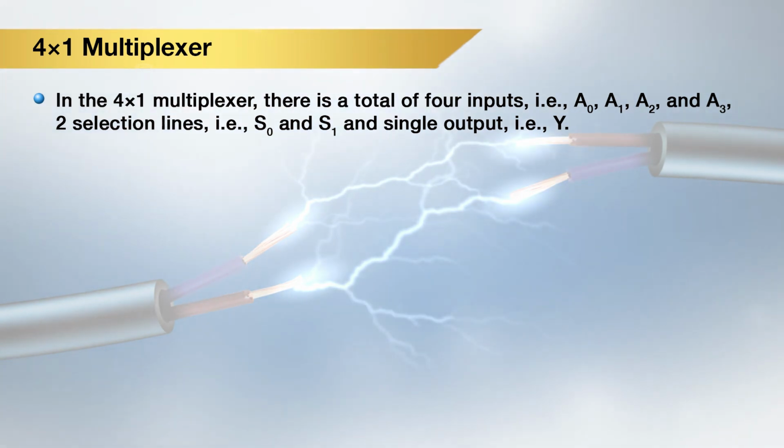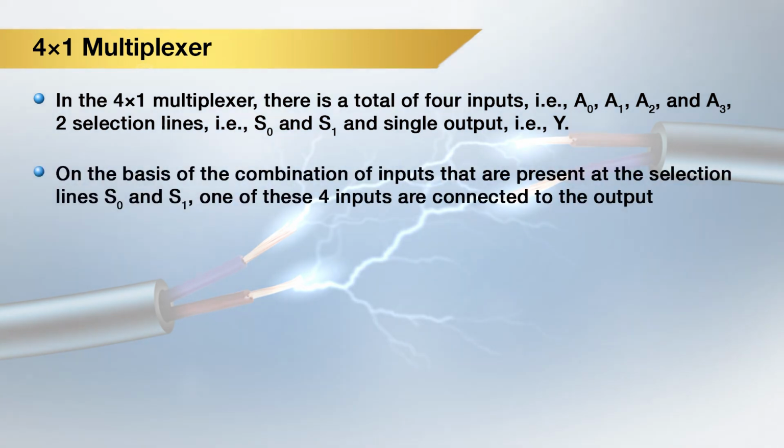We can refer to it as S0 or S0, both are the same. So, S0 and S1, and the output is only a single bit, that's Y. On the basis of the combination of the inputs present at the selection lines S0 and S1, one of these 4 inputs is connected to the output.